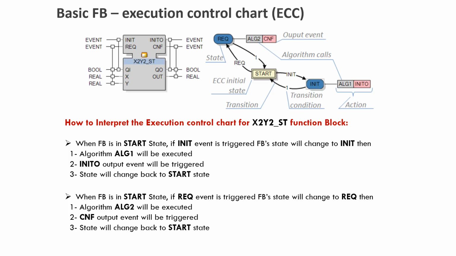Then it will execute algorithm 1 and emit init-o event. And then state will change to the start state. And then when function block is in the start state and the rec event is triggered, algorithm alg2 will be executed. CNF event is triggered at the output, and state will change again to the start state.